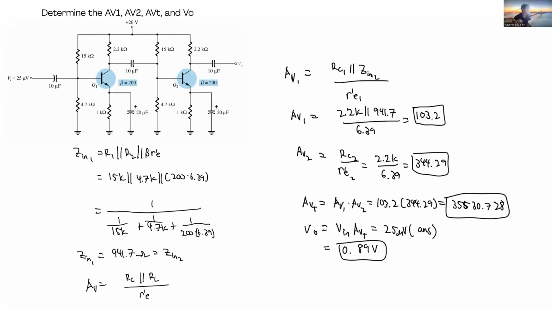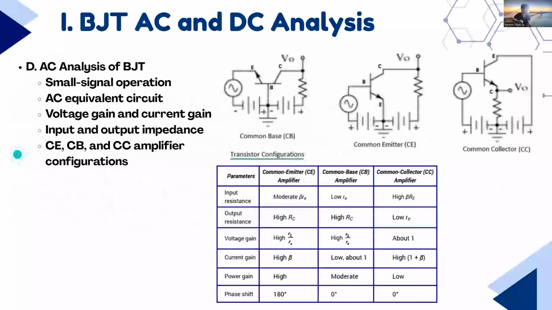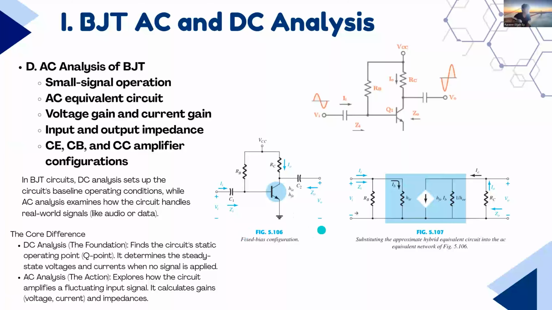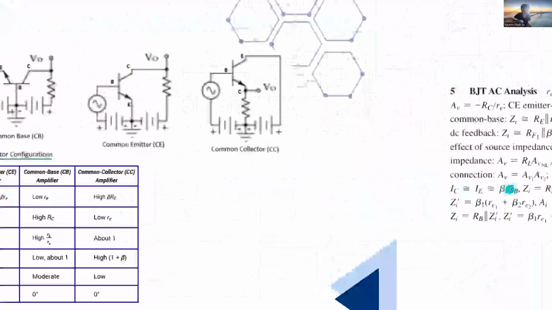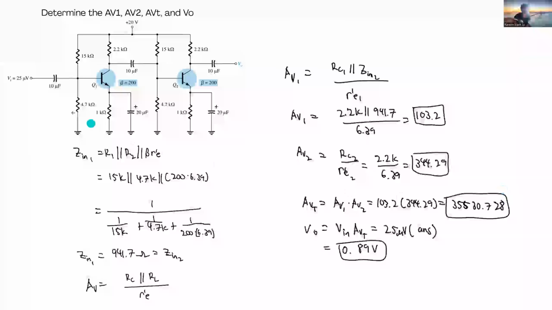Next, we will get Z, the input impedance. As we have learned before, we can convert this into an AC equivalent. We'll flip the RB here: R1, R2, and the beta RE from the BJT, and then we will simply compute for their parallel resistance.